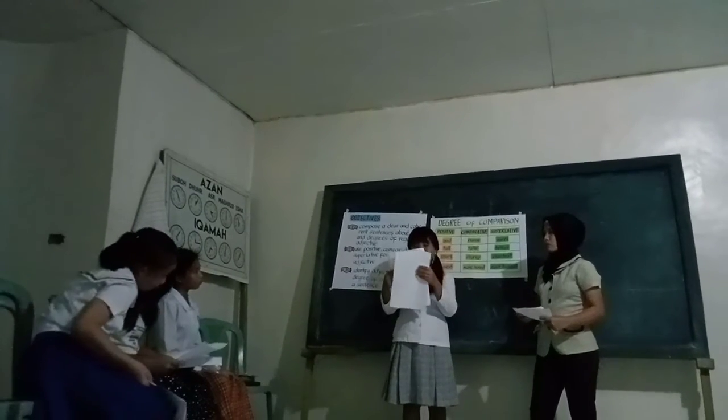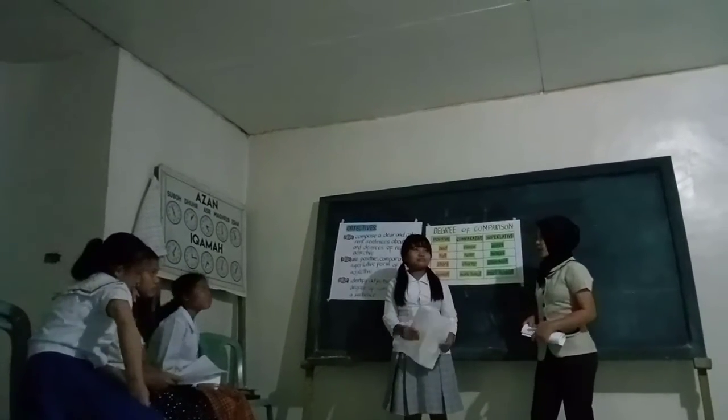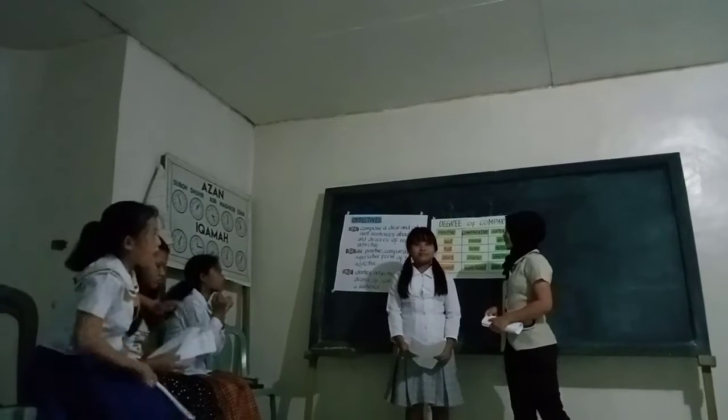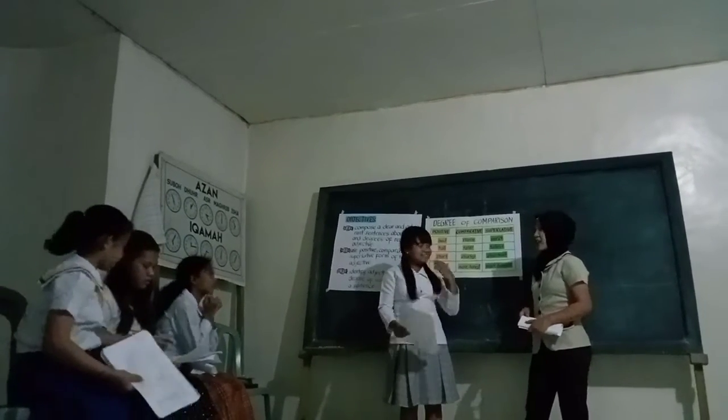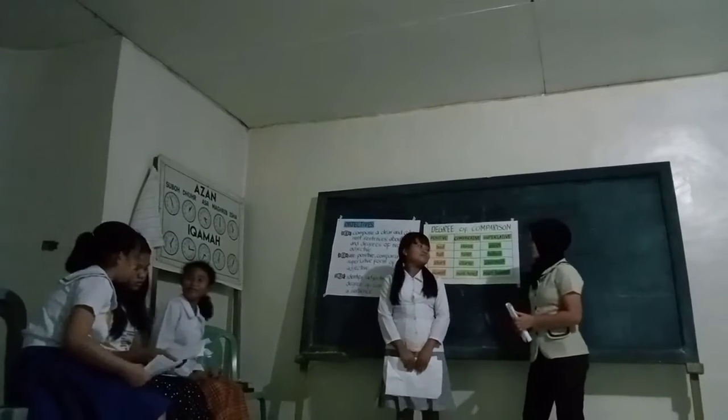So another? This is the biggest house in the street. Okay, so what was the adjective in that sentence? Biggest. Okay, so what is the degree of the adjective biggest? Superlative degree. Okay, very good. So another one?